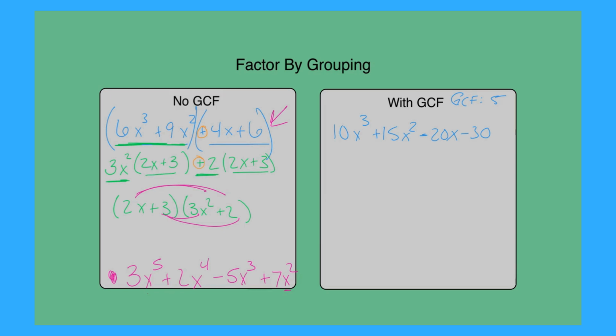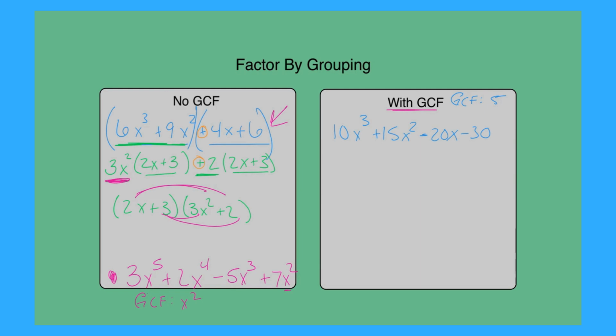The smallest x is x to the second, so the GCF here will be x to the second. The one we're looking at over here, the 30 doesn't have an x, so that means our smallest x is none, so we don't have a common variable. So the GCF is just 5. And you might have one that has a number and a letter, kind of similar to how we did here. We had this number and a letter.